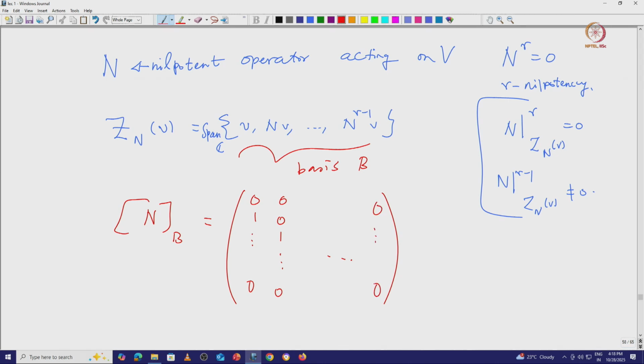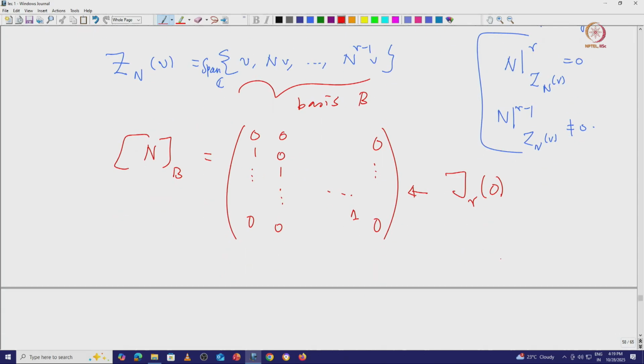I am switching from upper triangular to lower triangular, but anyway it is a matter of writing, that is not a problem. And this is what you call a Jordan block, which is denoted by, let us say, J R of 0.